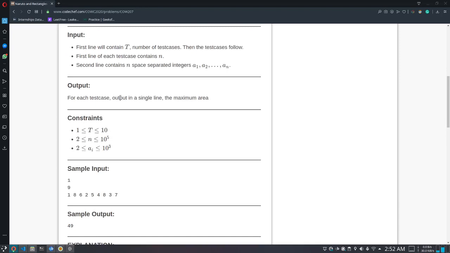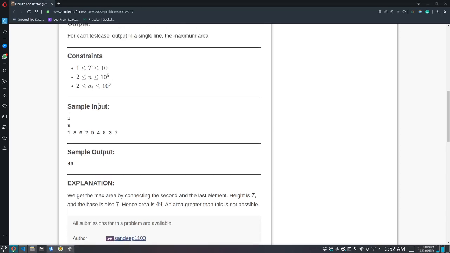Output, we need to output a single line, the maximum area of the rectangle formed. The constraints are that n is greater than or equal to 2 and less than or equal to 10 to the power 5. So we need to solve this problem in O(n) time complexity.